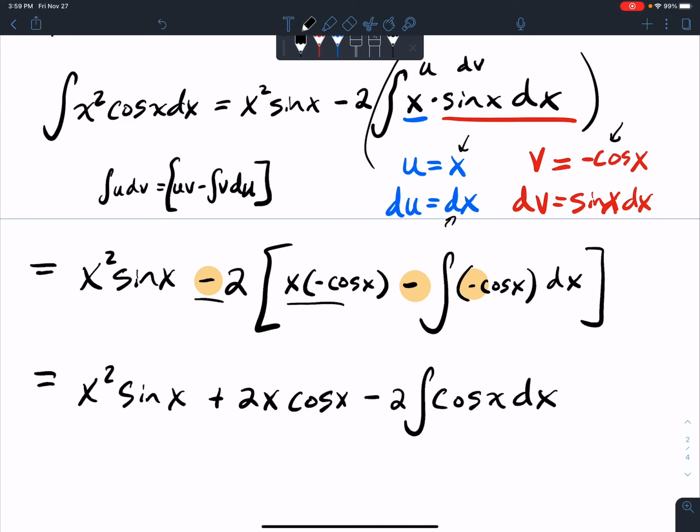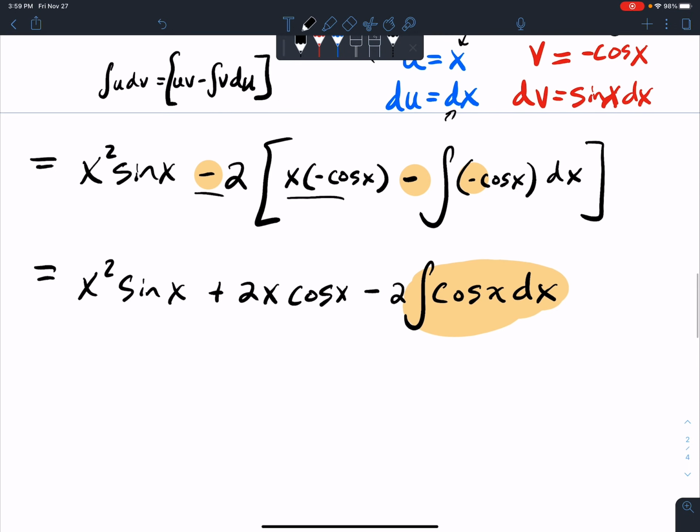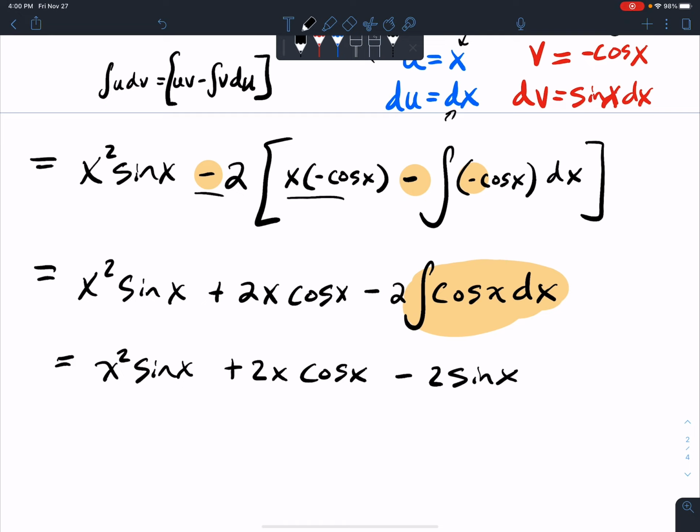Now, the only thing left I had to do is integrate the cosine of x dx. That's pretty easy. That's sine of x. So my answer is x squared sine x plus 2x cosine x minus 2 sine x, plus c.